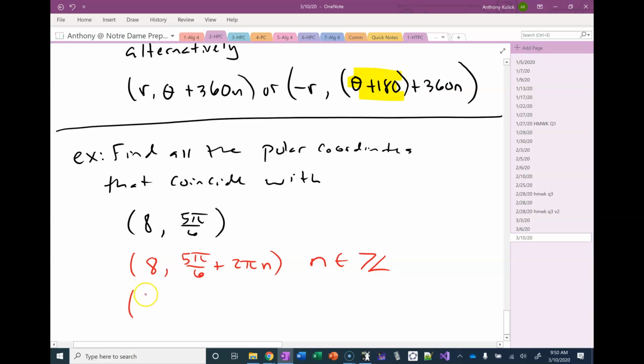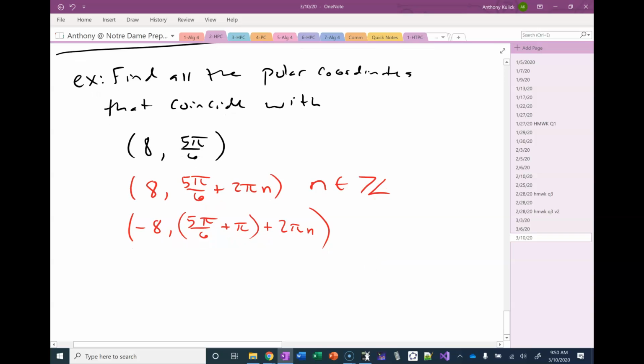So I have my coterminal stuff. And then I have my opposite end stuff, but I can simplify that down a little bit.